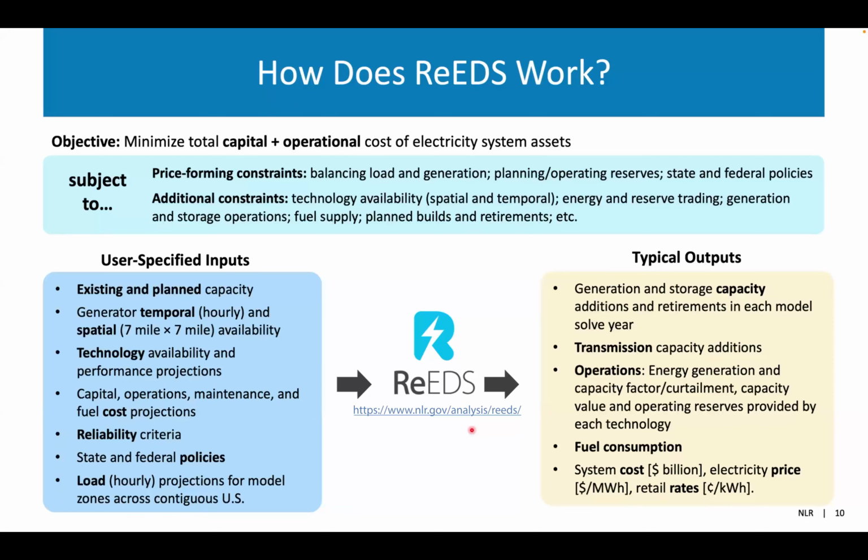In addition to these inputs, like any optimization model, ReEDS also includes various constraints to the objective function, which you can see in the light blue box at the top. These constraints include things like price forming constraints, primarily affecting system costs for serving load, which include load generation balancing, reserve requirements, and regional policies.